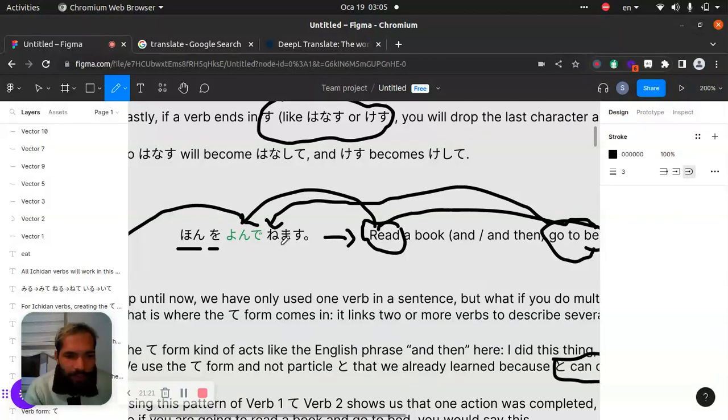Hon is something between verbs and the adjectives or nouns, right? And then it's saying yonde means read, and then, okay?